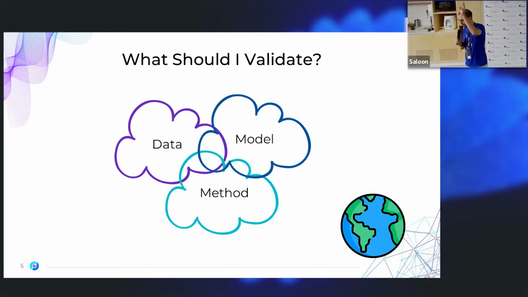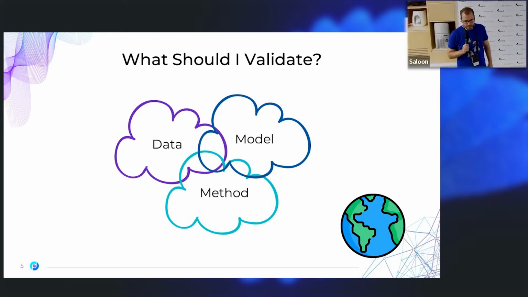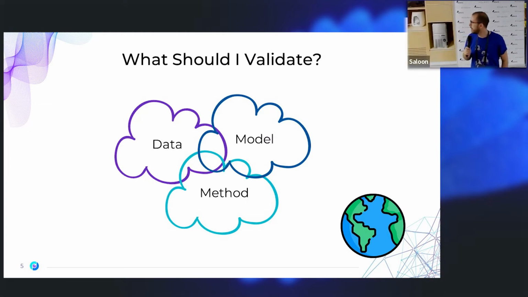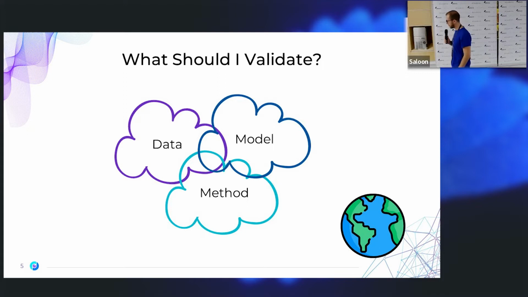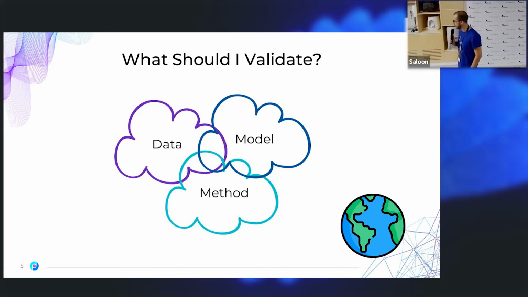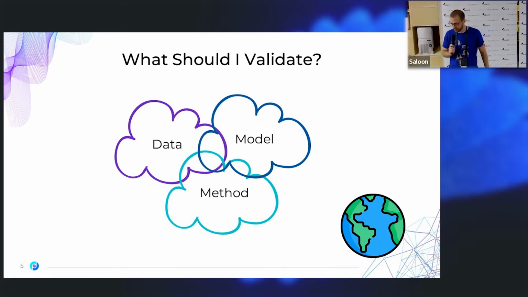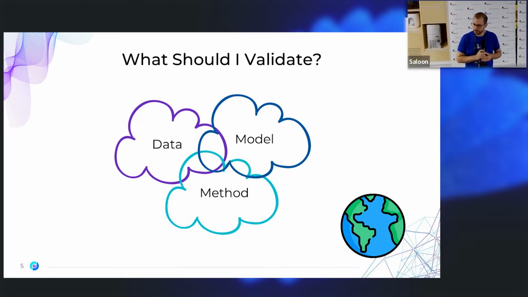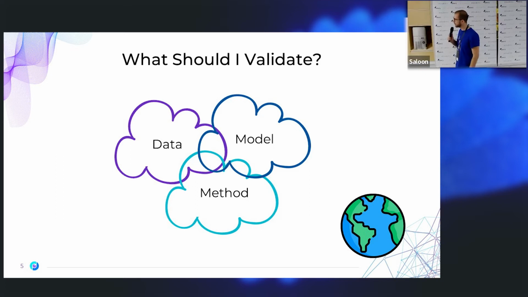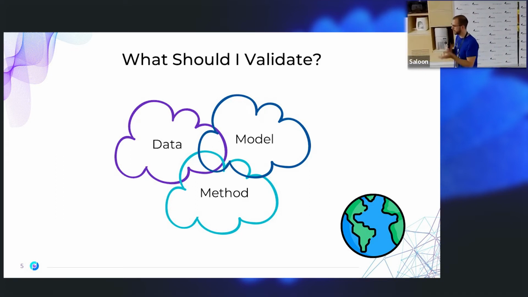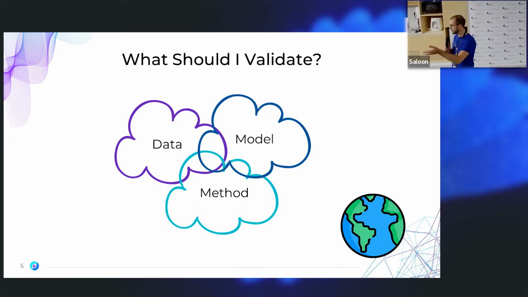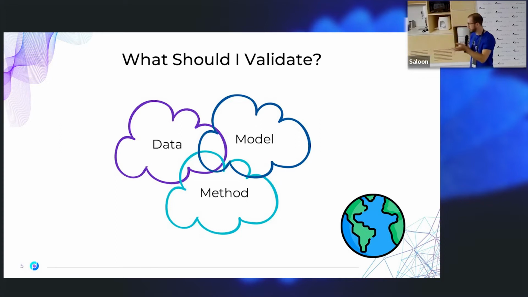So at a top level, the things you should be validating are your data, your model, and your method. When I talk about method, it's the code that you're using to produce your model from your data. And all these three should reflect the things that you want your model to do. The model at the end needs to be in production. It needs to serve on some real data. You need to get good results on this new data.